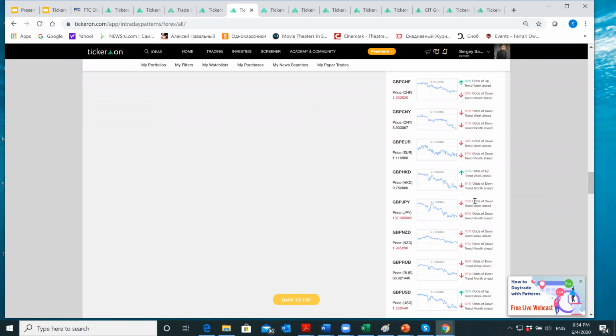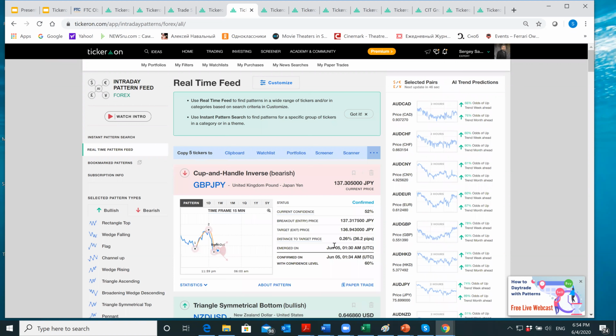And yes, it's a good trade, okay? So for instance, pound to yen, it's both down and the pattern is down, then you can make money. And then what we do, we show you the entry point, 137, and then exit point 130x, and then you can make 36 pips, and that's how you can use it.